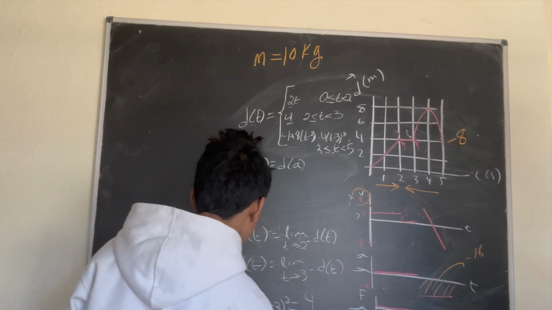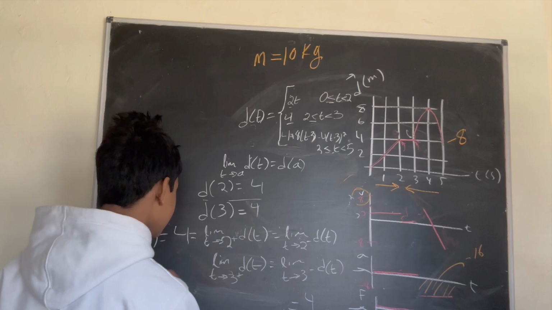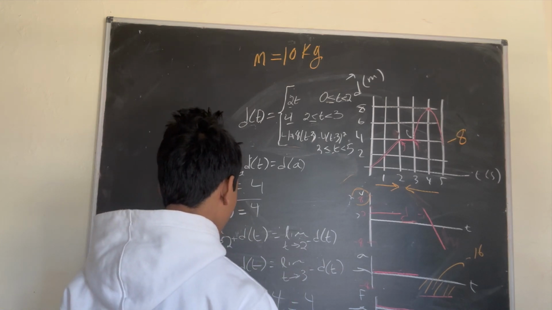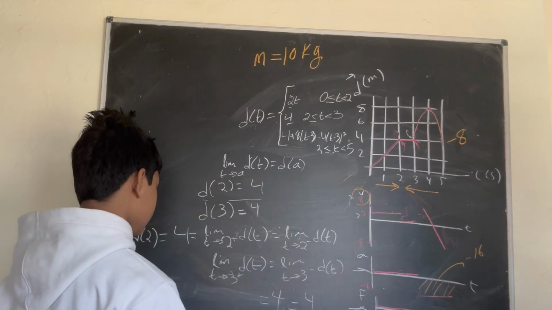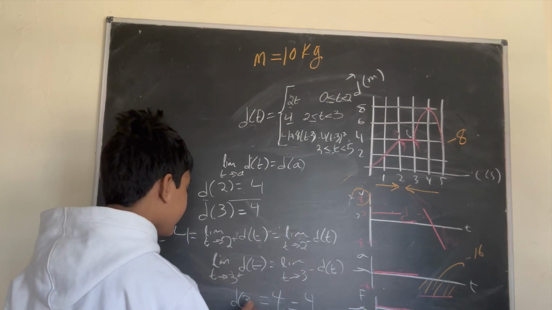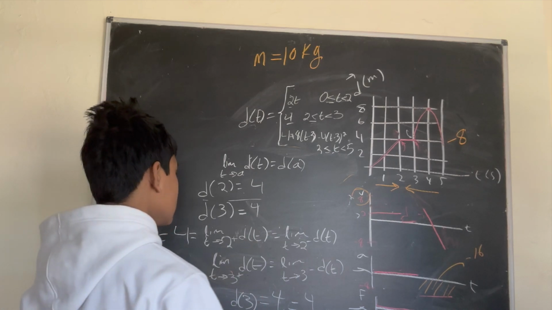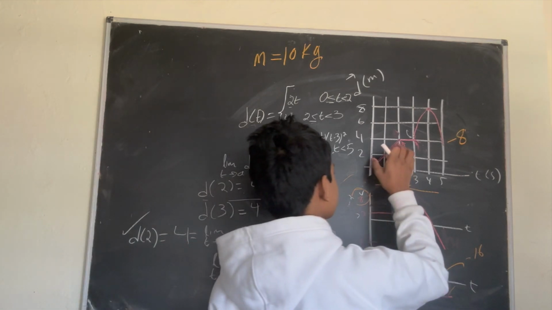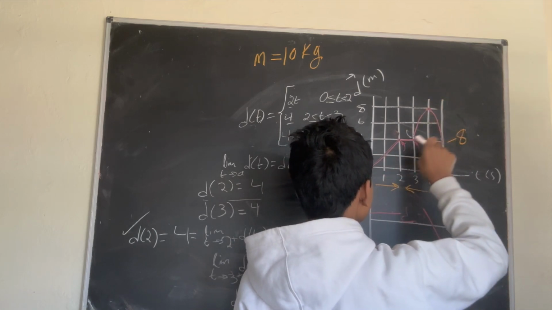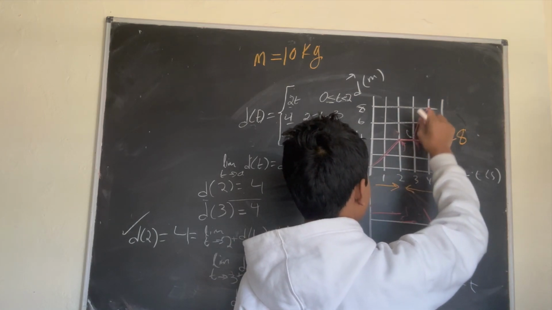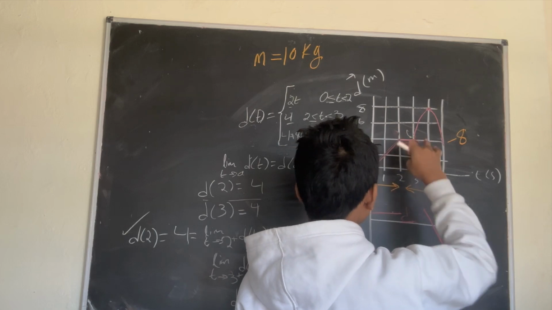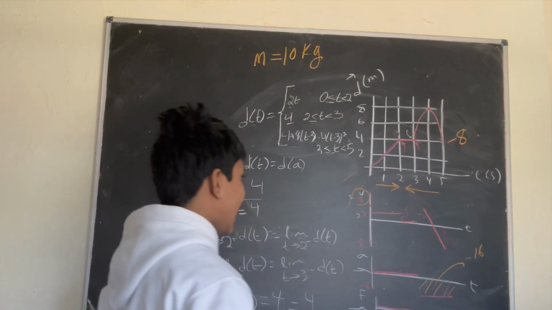So this all gets set to 0, of course, because it's 3 minus 3, and we just get 4, which is obviously true, and that's equal to our definition for d of 3 as well. So we know that it's continuous over the exclusive intervals 0 to 2, 2 to 3, and 3 to 5, and we also proved it's continuous at 2 and 3.